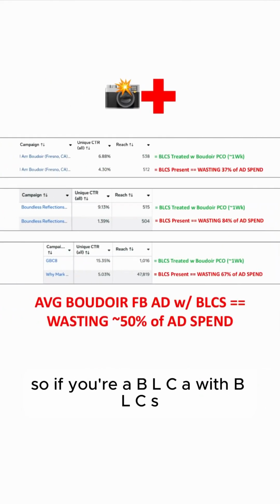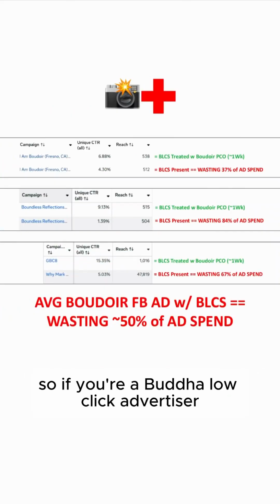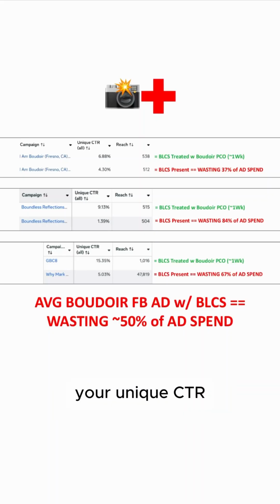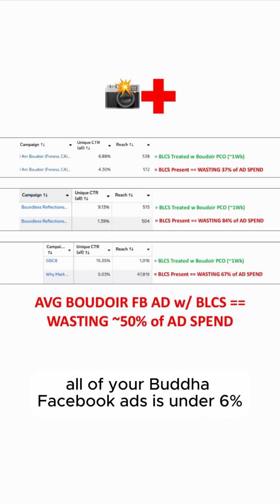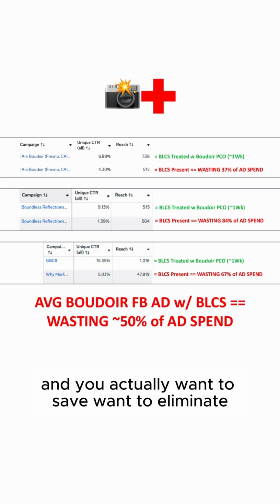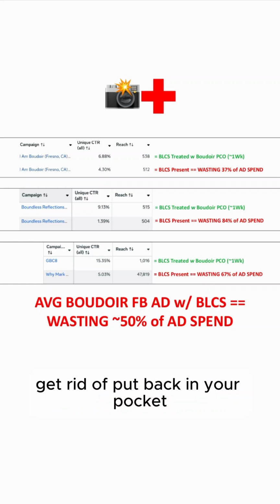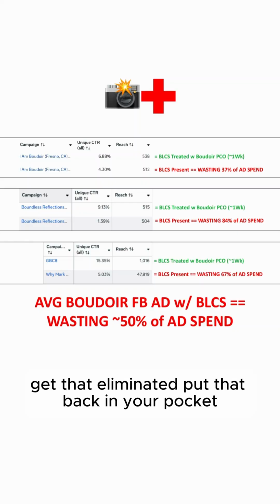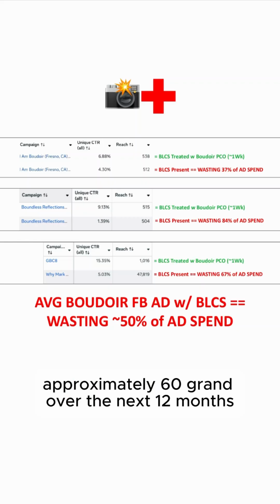So if you're a BLCA with BLCS, so if you're a Boudoir low click advertiser with Boudoir low click syndrome, your unique CTR on all of your Boudoir Facebook ads is under 6%, and you're spending more than 10 grand a month on Boudoir Facebook ads, and you actually want to eliminate and put back in your pocket approximately 5K a month in that wasted ad spend, approximately 60 grand over the next 12 months.